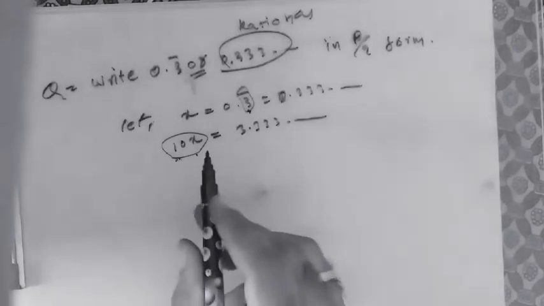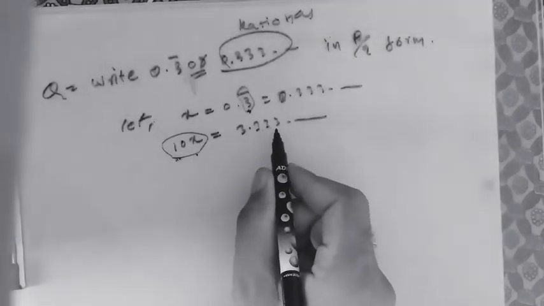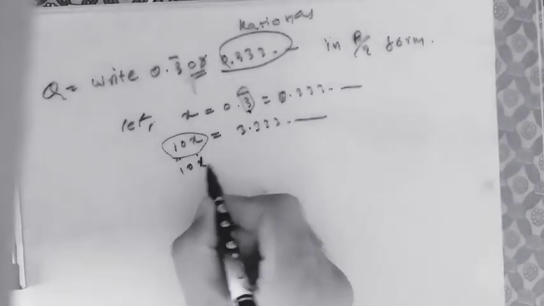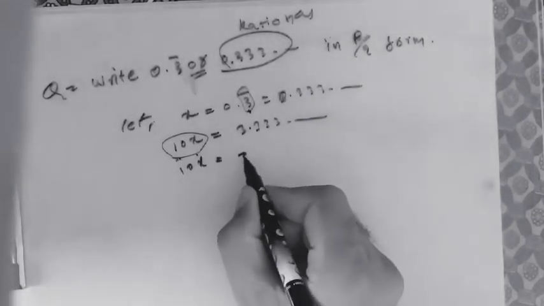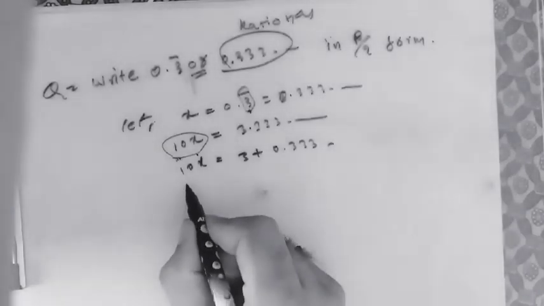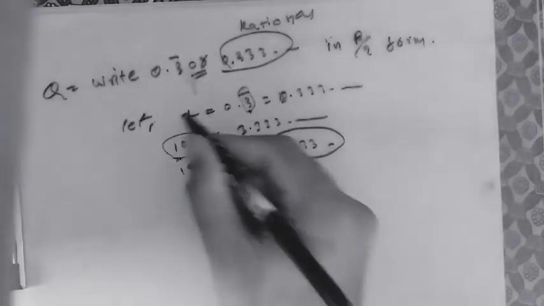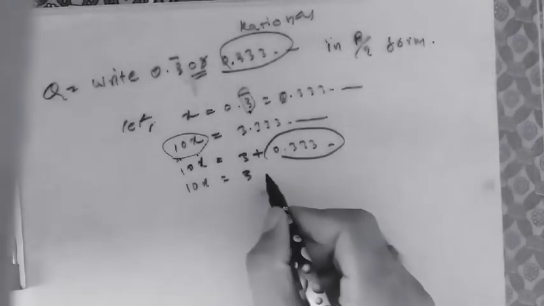Now this is 3.333, so 10x is equal to 3 plus 0.333. But we know that this number is nothing but x, so 3 plus x.